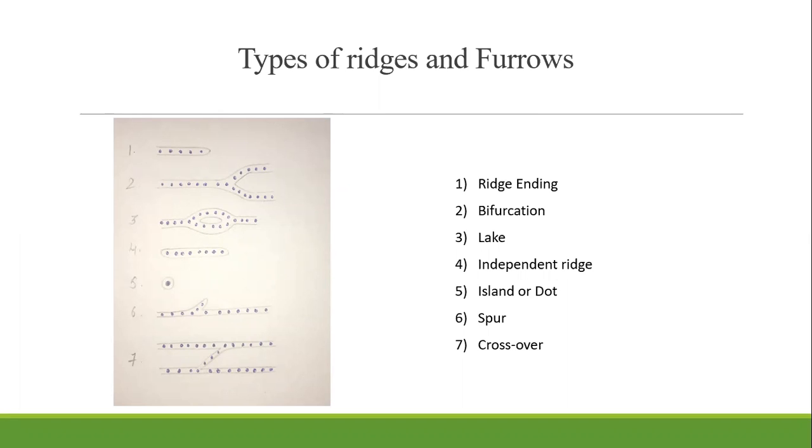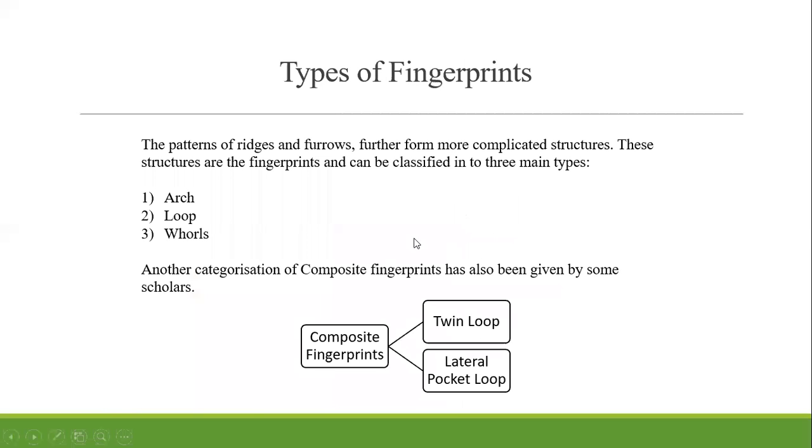So suppose that you have a crossover which is followed by a spur and then which is followed by a ridge ending. These kinds of patterns convolute together and then they form a much more complex type of fingerprint. This classification of ridges and furrows was given by John Berry. And according to this, we have 3 basic types of fingerprints: arcs, loops, and whorls.